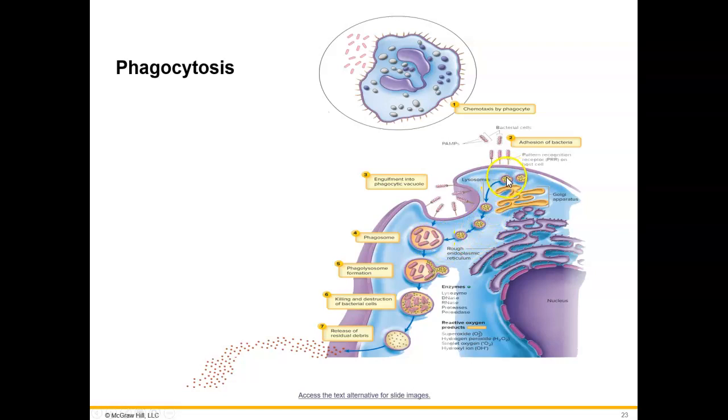These lysosomes are organelles inside of our phagocyte, and they contain digestive enzymes. So the lysosome will move over the phagosome, and the lysosome's membrane will fuse to the phagosome membrane.